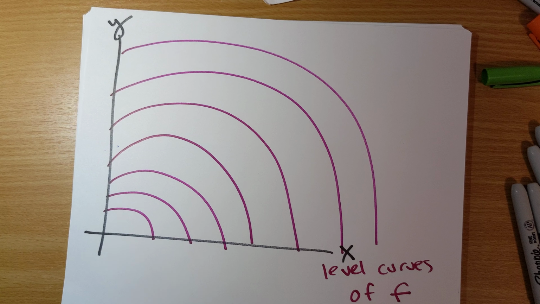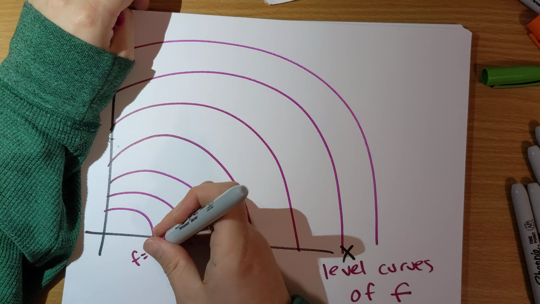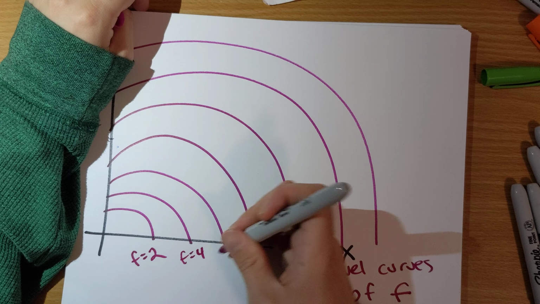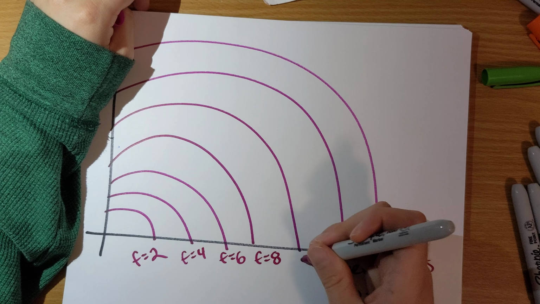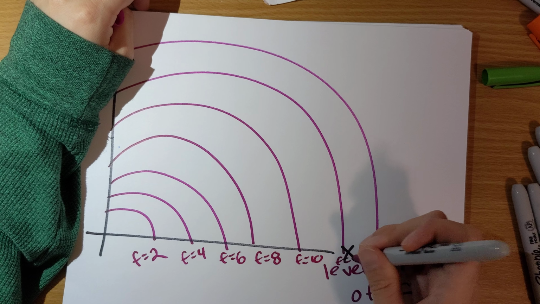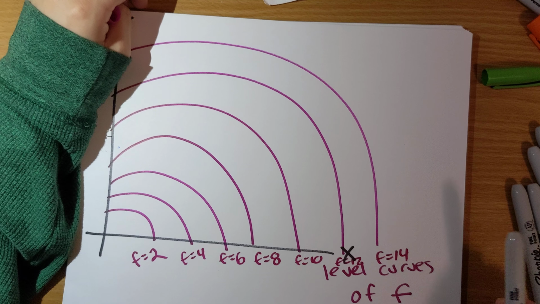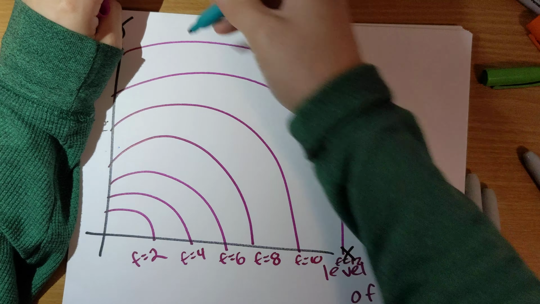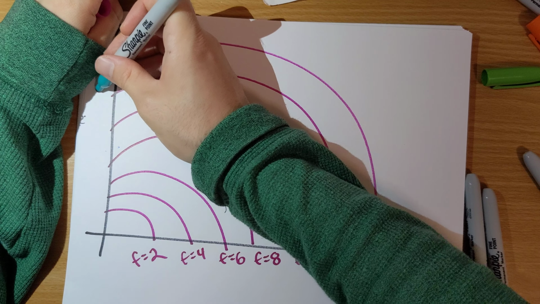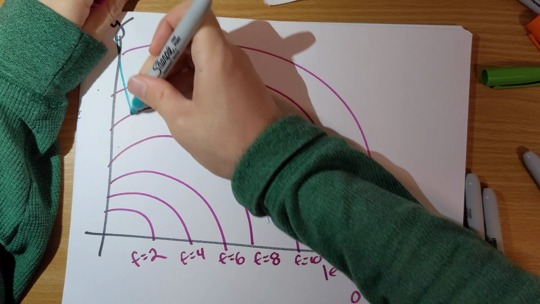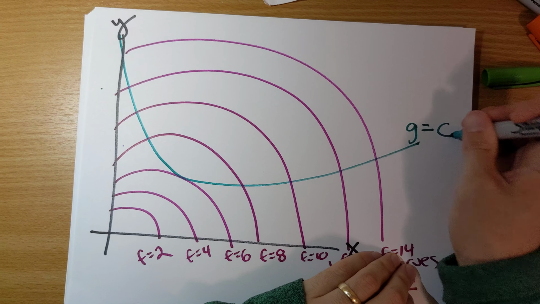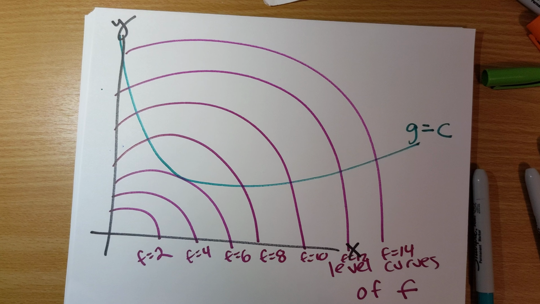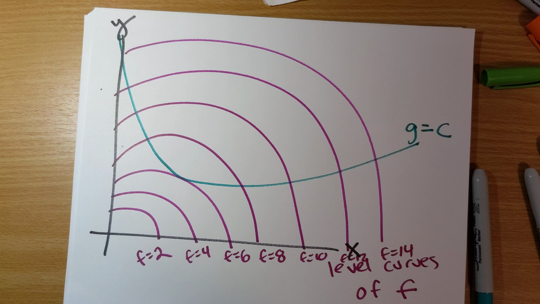So right here, this is f is equal to 2, f is equal to 4, f is equal to 6, f is equal to 8, f is equal to 10, f is equal to 12, f is equal to 14. And let's draw this as our g is equal to c, our constraint here. g of x, y is equal to some constant.